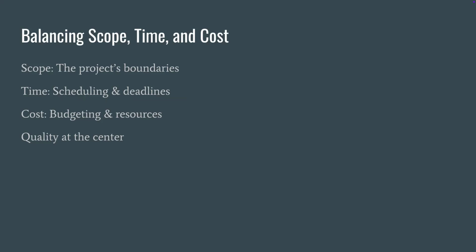And the cost is the budget for a project, and this includes labor, material, and other expenses. So if the project runs over budget, that typically means mismanagement of resources or a possible misalignment with the scope or timeline.